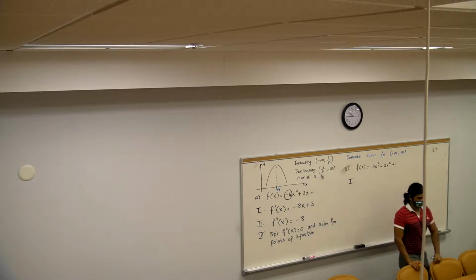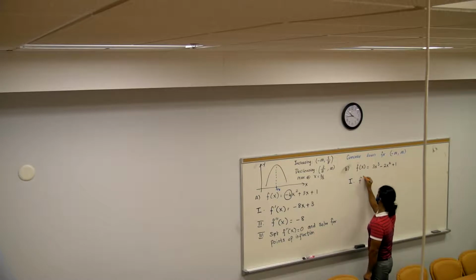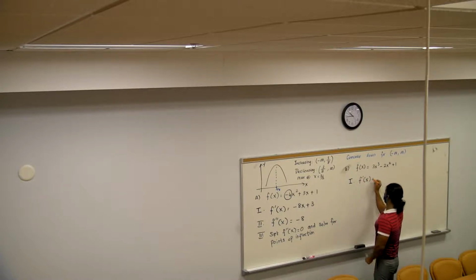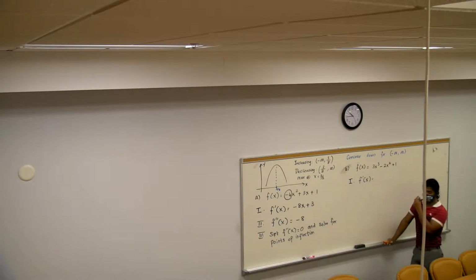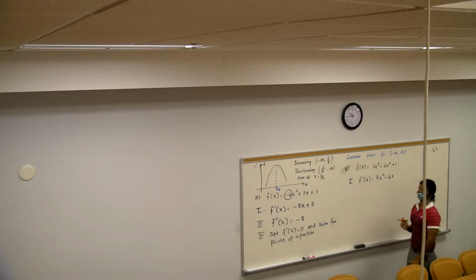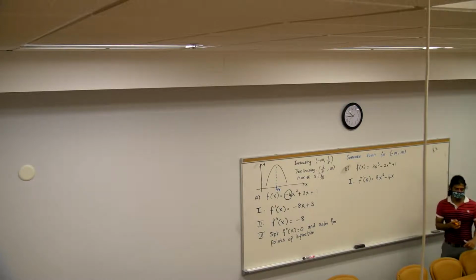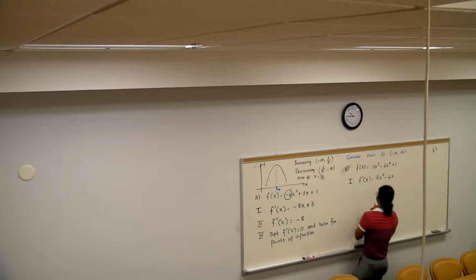Very first step is to find the first derivative. And what do we get? 9x squared minus 4x. Good. Let's just go ahead and find the critical values. This way we get an idea as to what the function is going to look like.